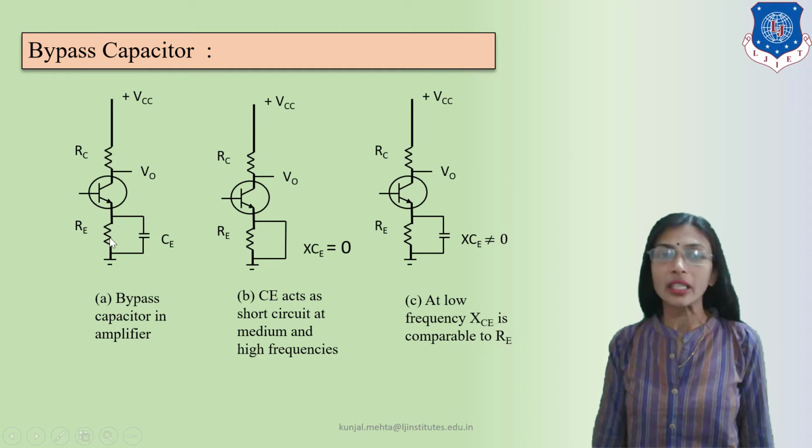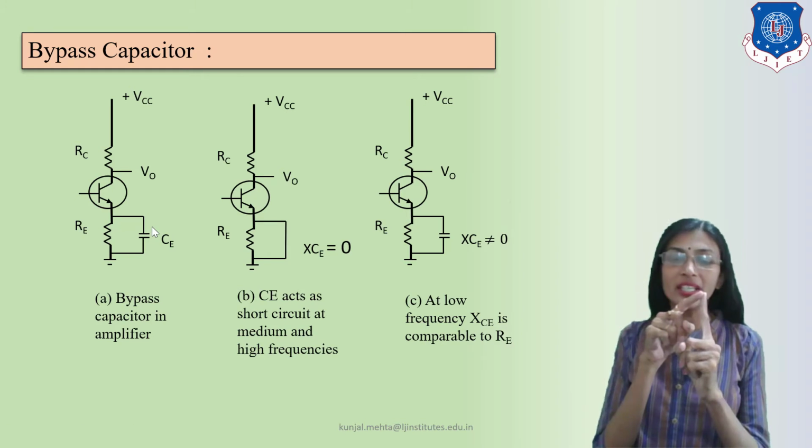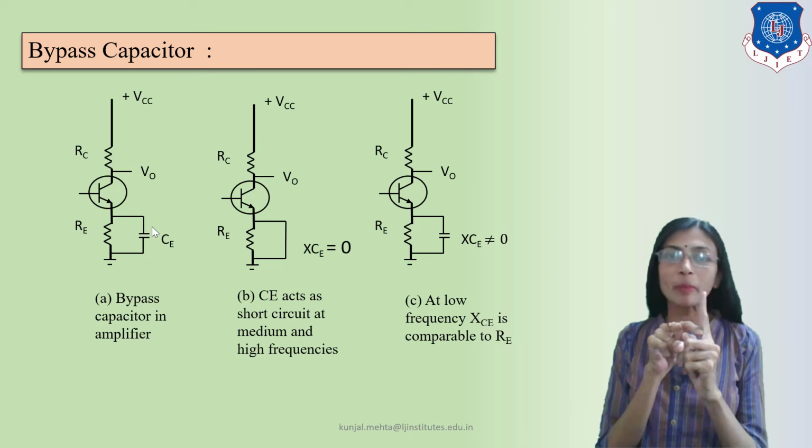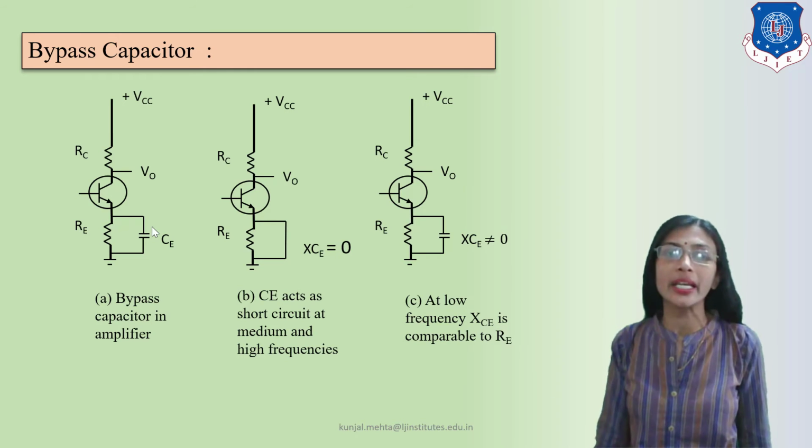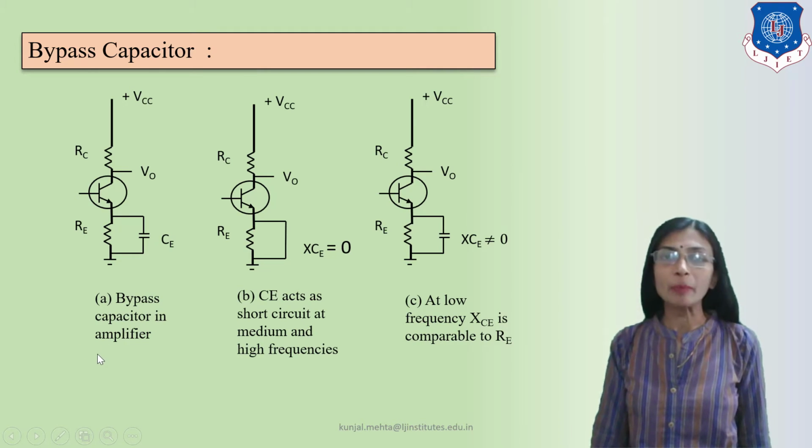Similarly, another resistance, the emitter resistance, is connected at the emitter terminal and it is connected to the ground. And the main point I want to explain is that CE is always connected in parallel with Re, the emitter resistance, and this capacitor, denoted by CE, is known as the bypass capacitor. That CE is known as the bypass capacitor in the amplifier.